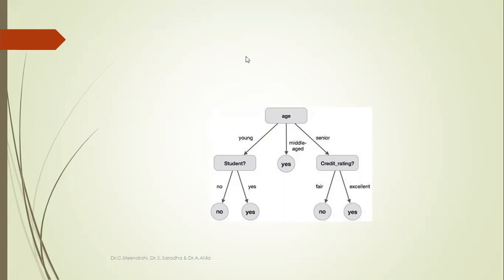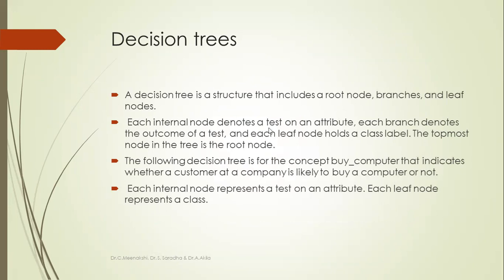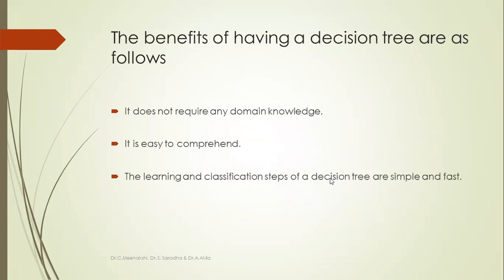So this is how I'm going to have the decision tree. Each internal node denotes a test on an attribute, each branch denotes the outcome of the test, and each leaf node holds a class label. The topmost node is called the root node, as I already told you.